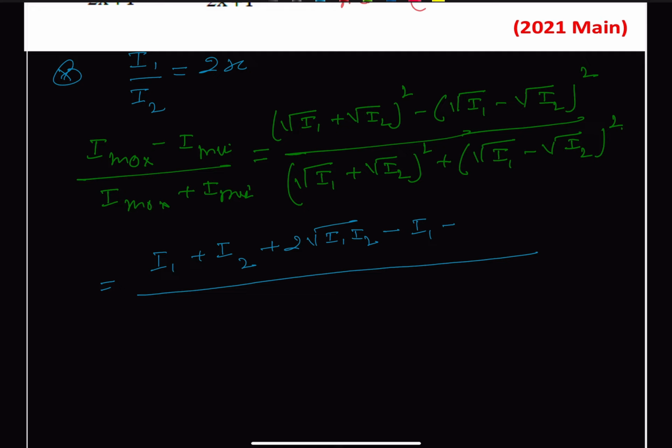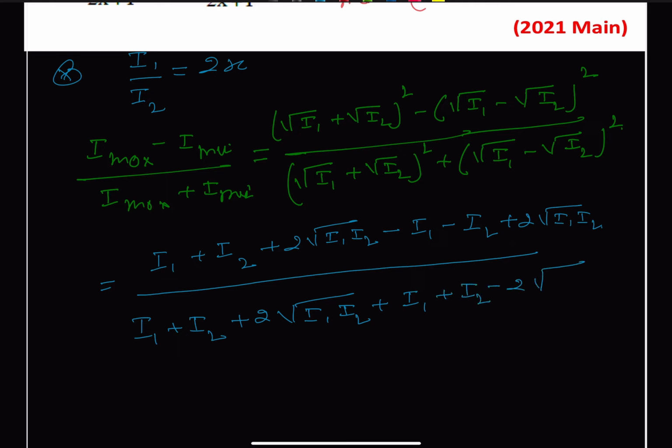minus I2, and minus minus will be plus 2 square root of I1 I2. In the denominator we have the same terms: I1 plus I2 plus twice square root of I1 I2, plus I1 plus I2 minus twice square root of I1 I2.